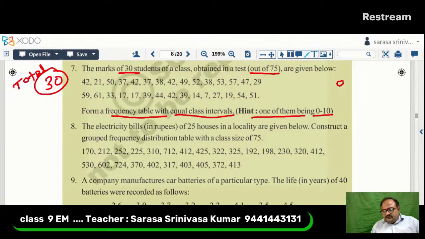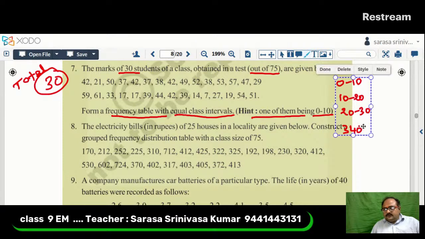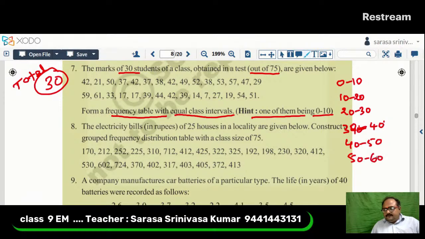So 0 to 10, 10 to 20, 20 to 30, 30 to 40, 40 to 50, 50 to 60, 60 to 70, 70 to 80.